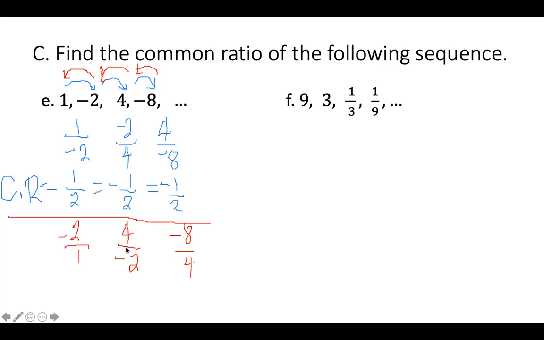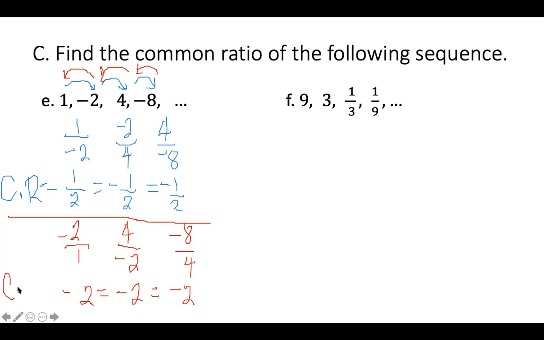So again, the ratios are different or not equal. And let's simplify if we could find common ratios here. So let's simplify now. Negative 2 over 1 is negative 2. 4 over negative 2 is negative 2. And negative 8 over 4 is negative 2. So if we will check, all of them are equal to negative 2.